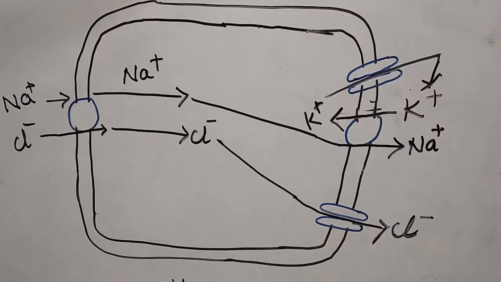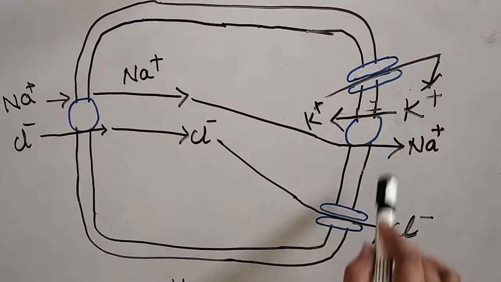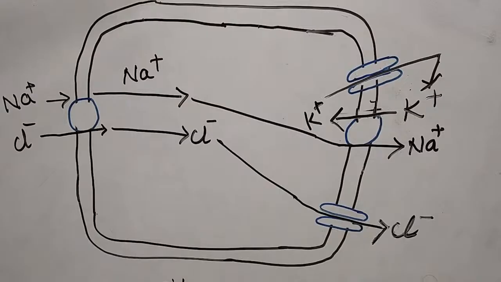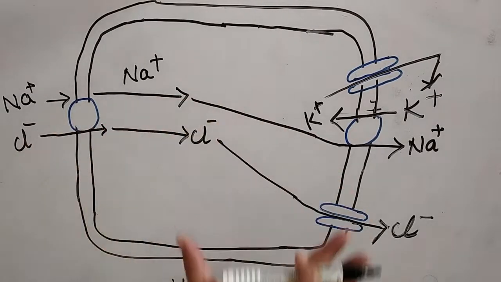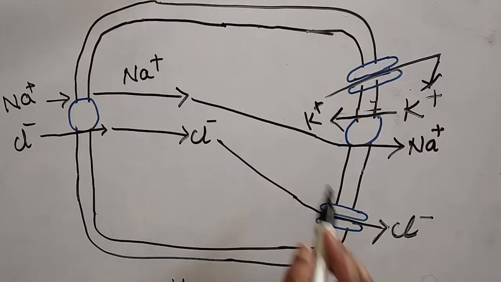So let's discuss the mechanism of action of thiazide derivatives. All the thiazide derivatives follow the same mechanism of action. Here you can see this is site 3. Site 3 is the portion of the distal convoluted tubule. This is a rough diagram of one section of the distal convoluted tubule.